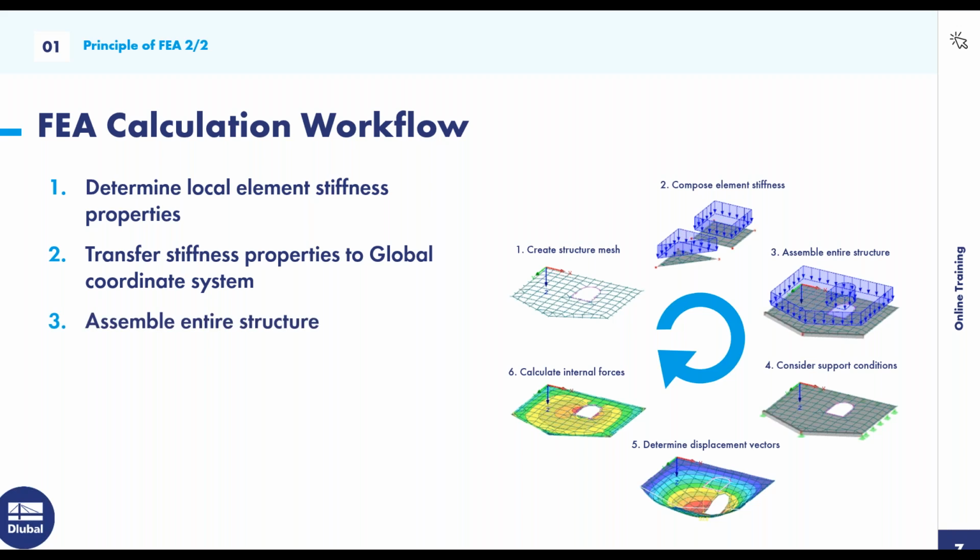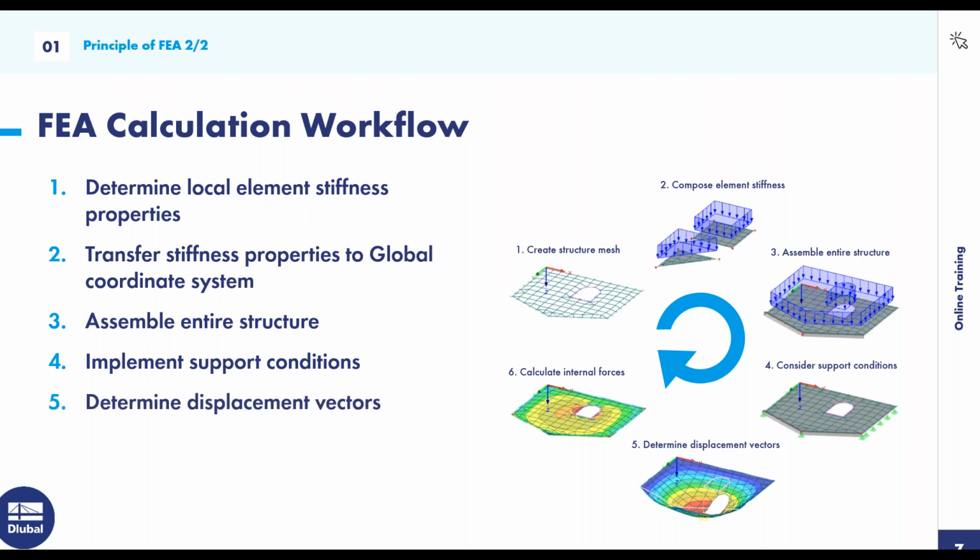And then the assembly of the entire structure takes place. The boundary conditions or supports are then defined, and these could consist of sliding, rigid, or hinged. Then the displacement vectors can be calculated by solving the system of equations. And lastly, the support forces and internal forces can be determined.